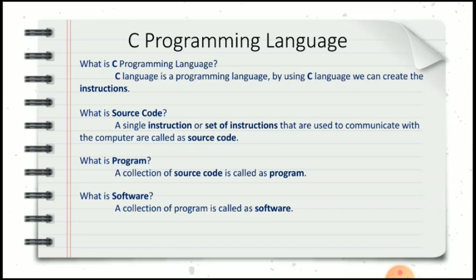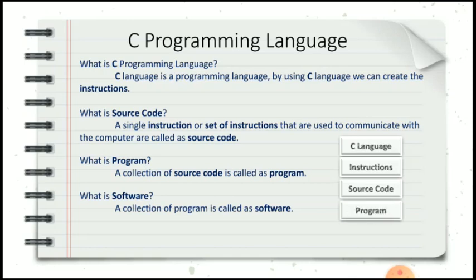So by using C language, we can create any kind of software. So basically C language is used to create software. By using C language, we can create instructions. A set of instructions can be used to create source code. A set of source code can be used to create program.